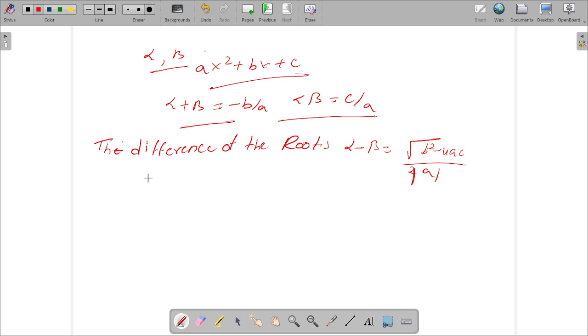Or else they can say alpha minus beta equals root over delta by mod a. Okay, so this is one more important point for intermediate students to use, and for 10th also it may be useful.